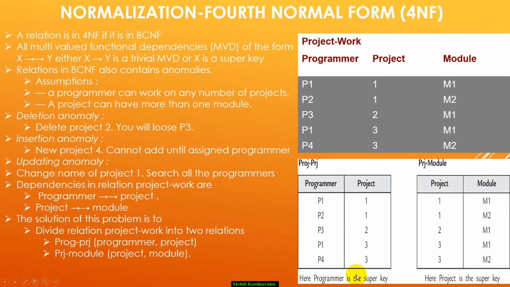Programmer here is a super key and project here is a super key. They are not primary keys because they are repeated more than once. A primary key appears only one time in each record, but there are super keys instead of a primary key in this relation.